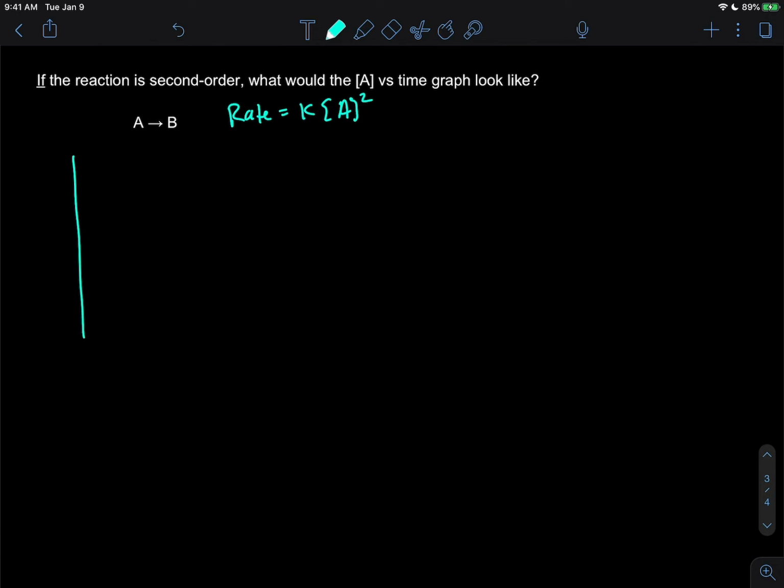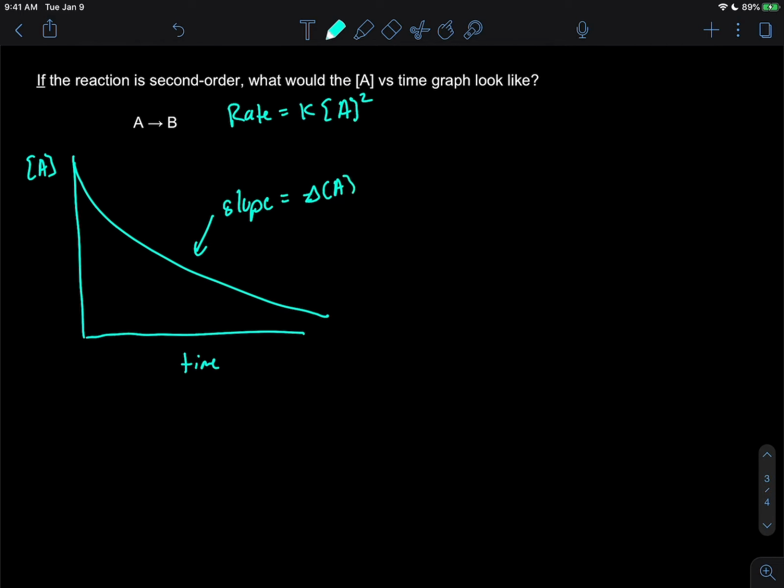So if we were to graph, starting off again with just concentration of A versus time, what we would notice is that this rate is actually going to change much faster. Our slope, again, is equal to the change in concentration of A, our y-axis, over the change in time, which is equal to the opposite of our rate.